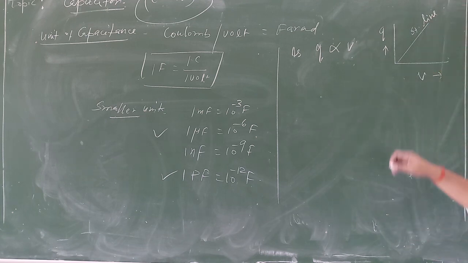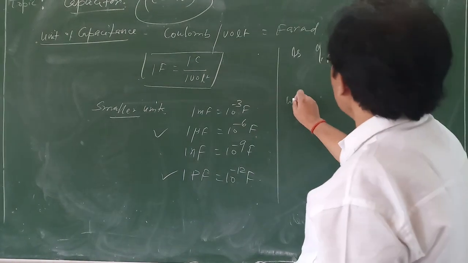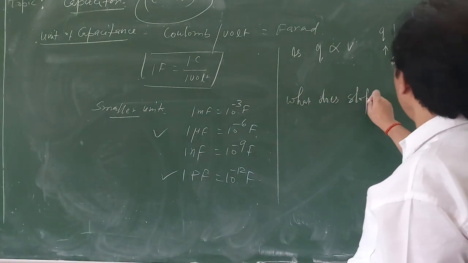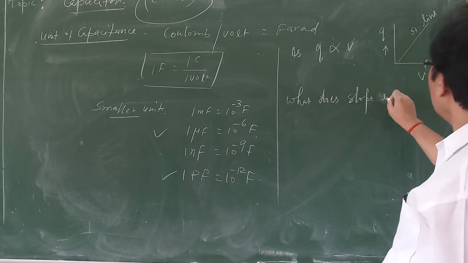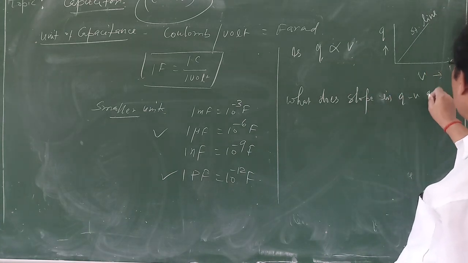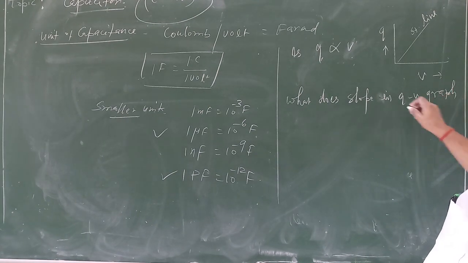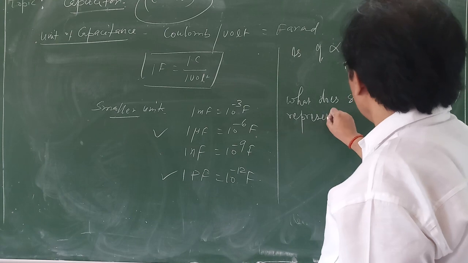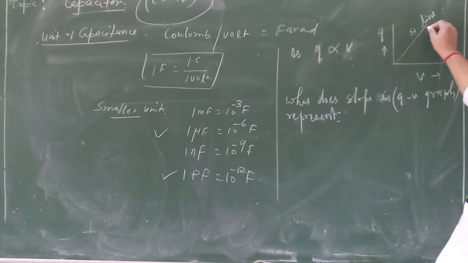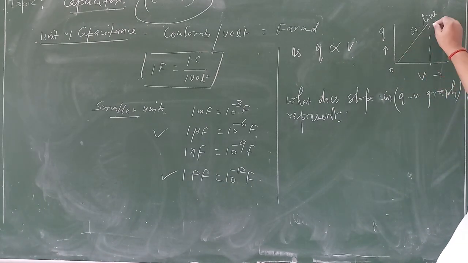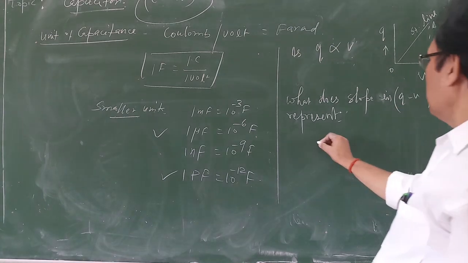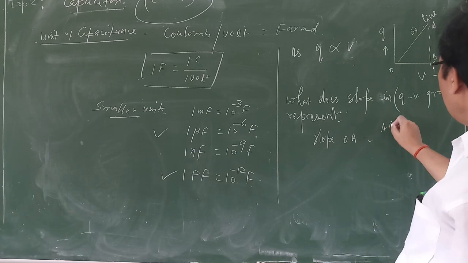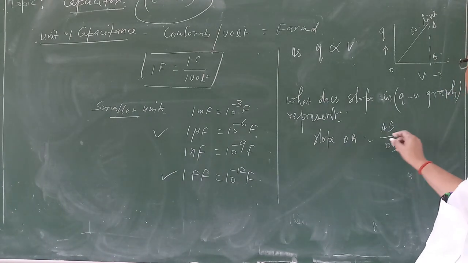And what does the slope in the QV graph represent? Find the slope from here. Take O, A, B. Slope OA equals AB by OB.